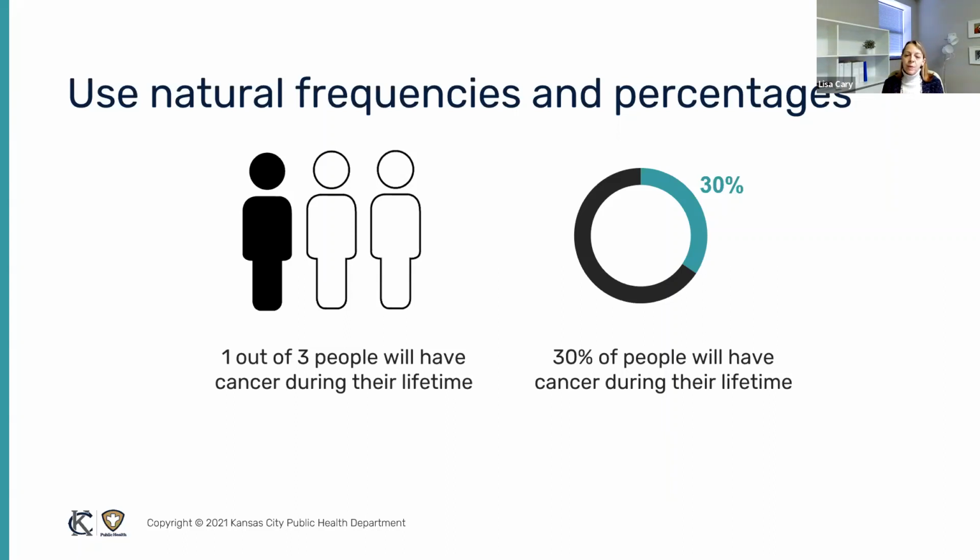We're not sure, but when possible, what we like to do is to use both, such as 30% of people will have cancer during their lifetime. That means that 1 out of 3 people will have this health condition. If you can use both, go for it.